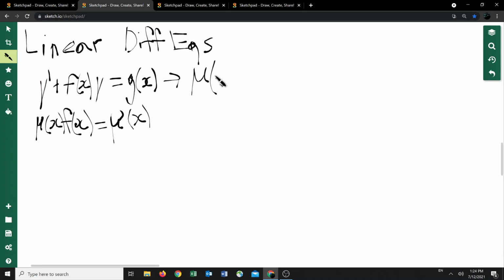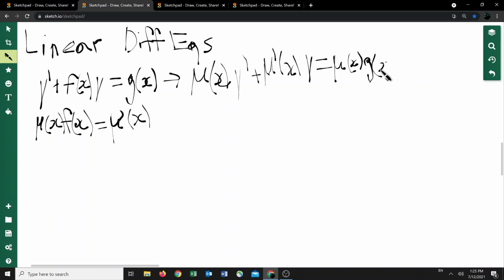That gives us mu of x y prime plus, using the fact that mu of x times f of x is mu prime of x, mu prime of x y. And that's equal to mu of x g of x.